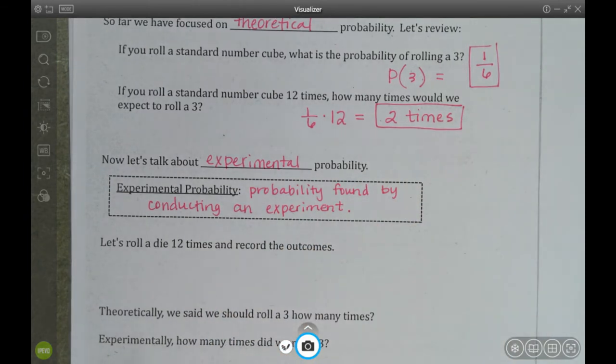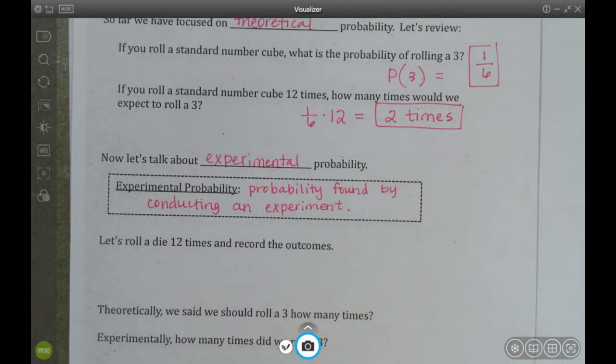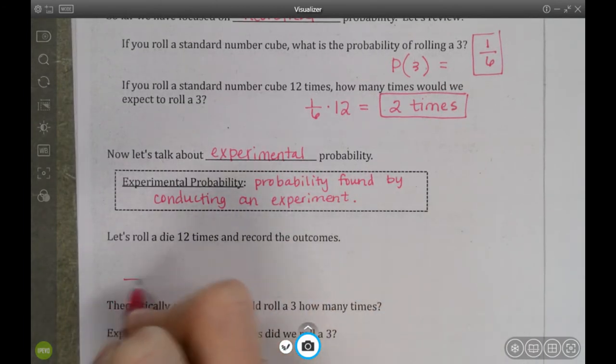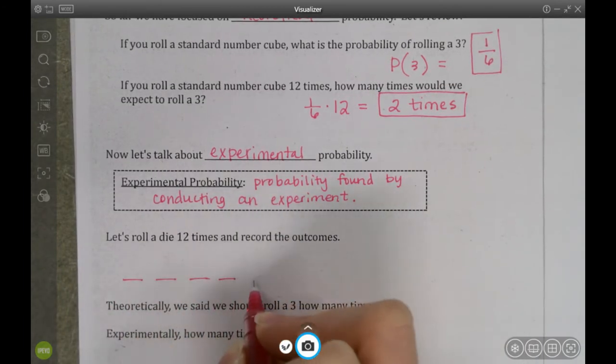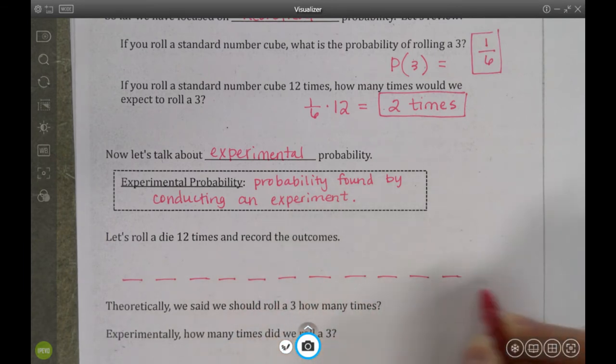So we are going to perform that experiment we were just talking about. I'm going to take a regular 6-sided die, and I'm going to roll it 12 times. I'm going to record the outcomes right here.